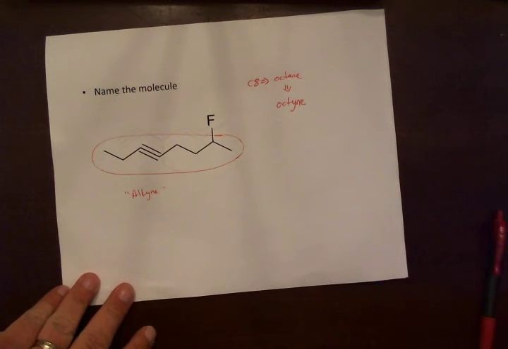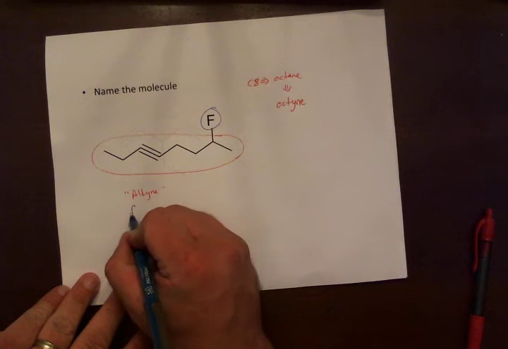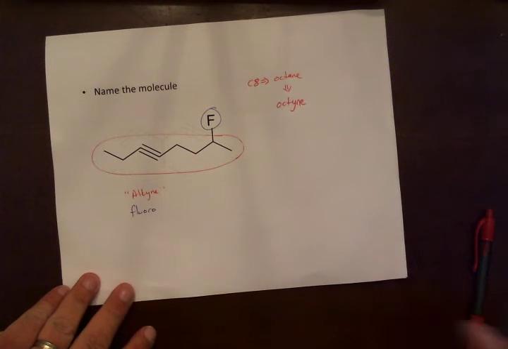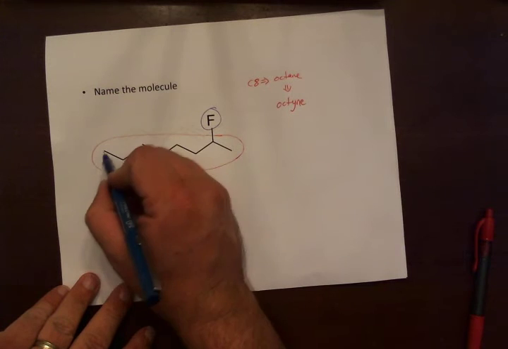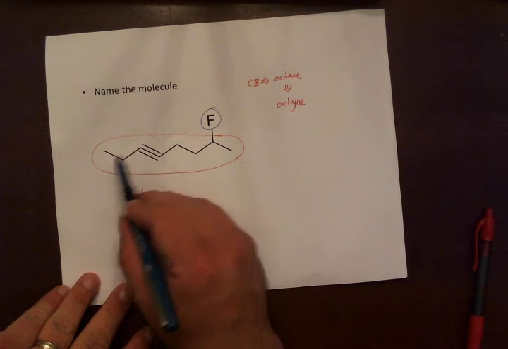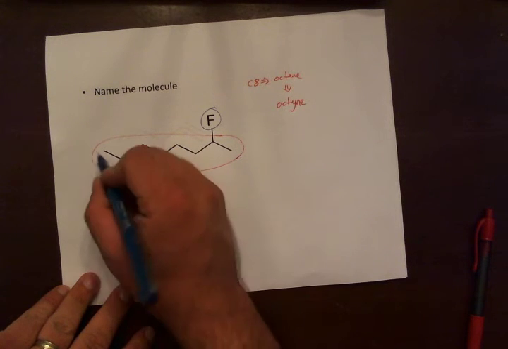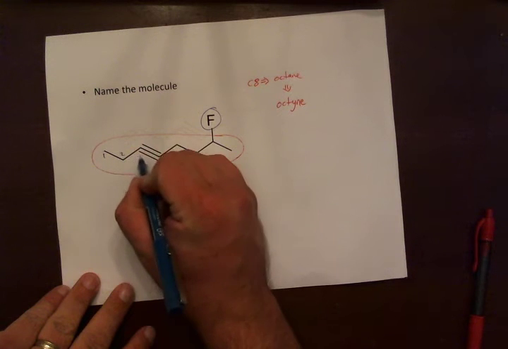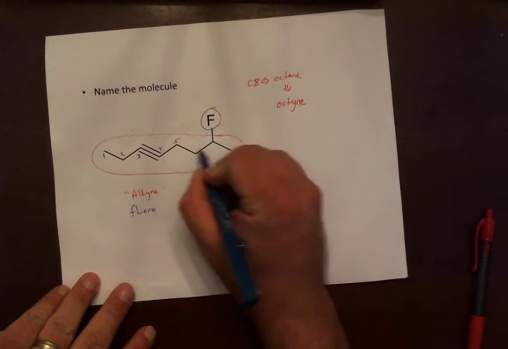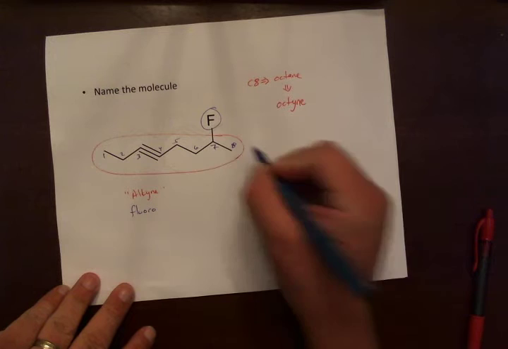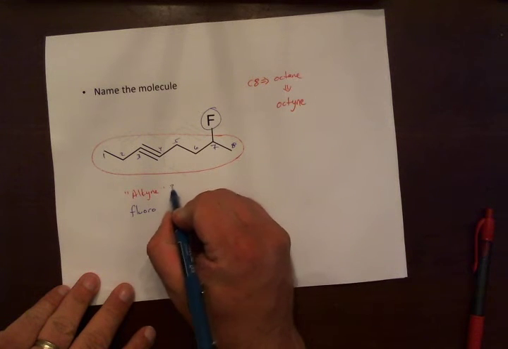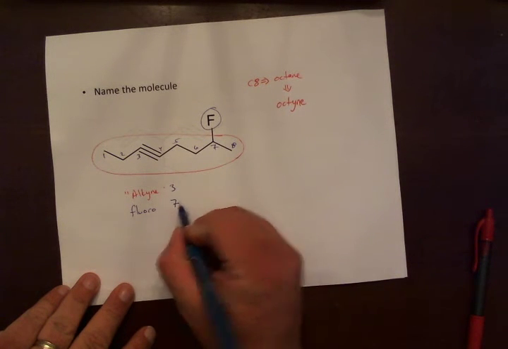and then we also have the fluorine, so it becomes fluoro. This end is closest to the triple bond, so that's going to be 1. So 1, 2, 3, 4, 5, 6, 7, 8. The alkyne starts at 3, the fluoro is at 7.